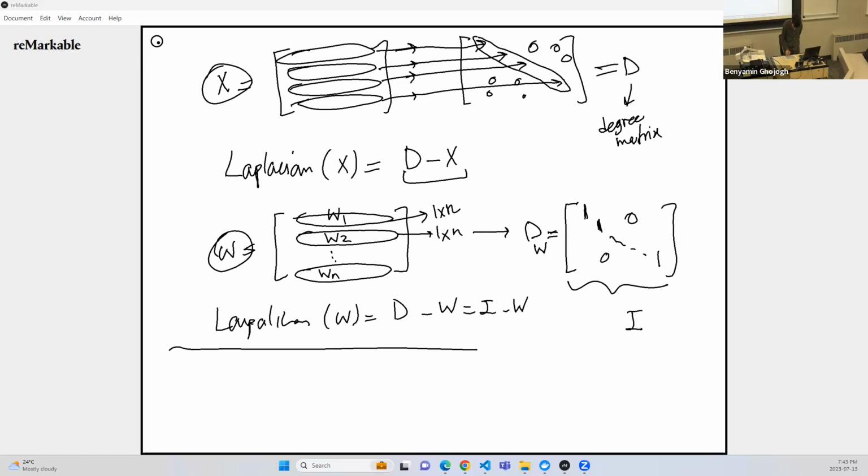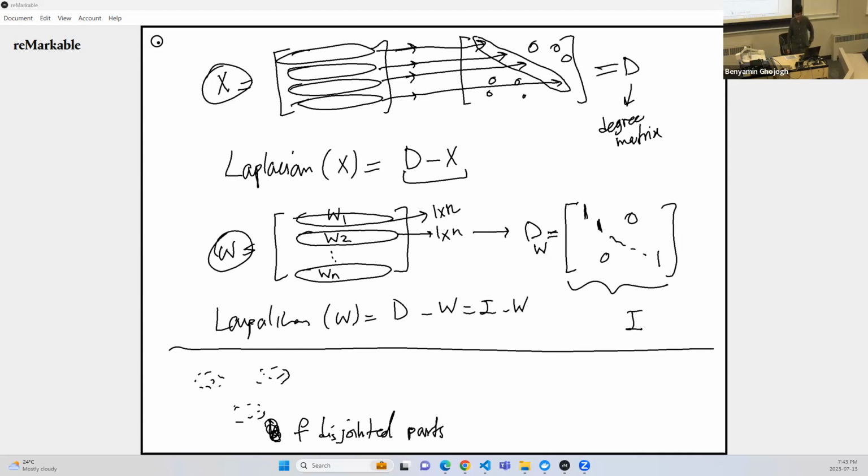In graph theory, there is a lemma saying that if my graph has K disjointed parts, let me change the name, F disjointed parts. I don't want the K to be confused with the K in K nearest neighbor. What happens?